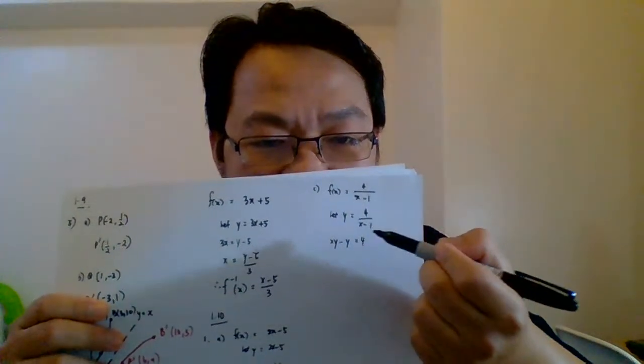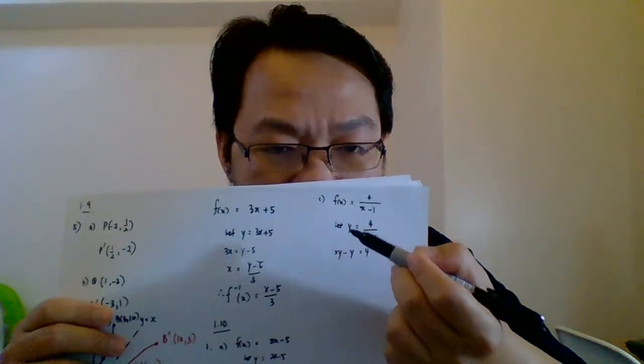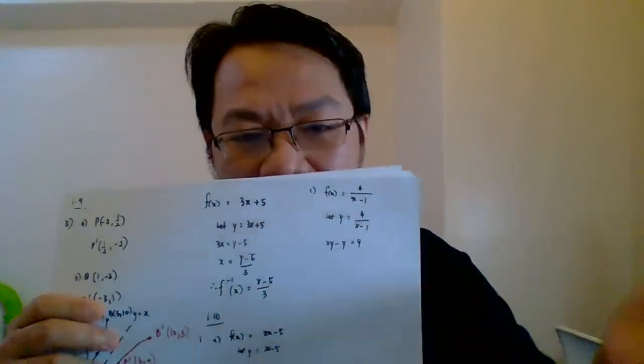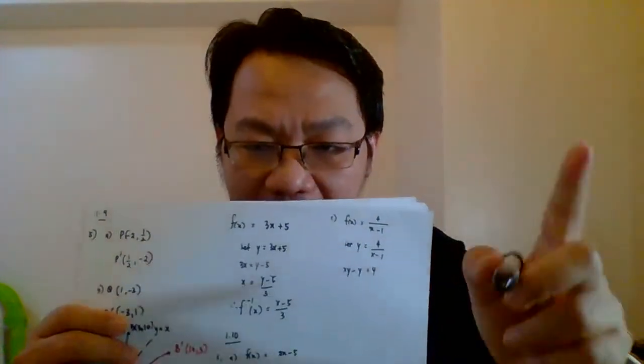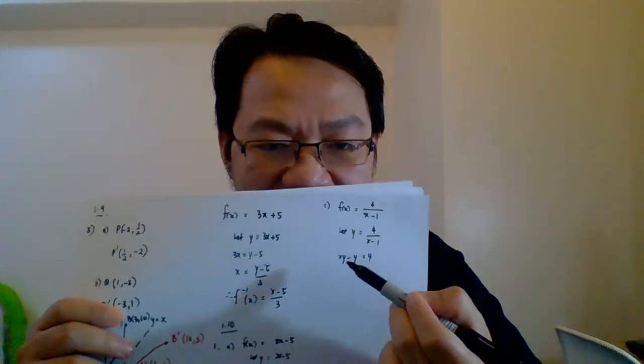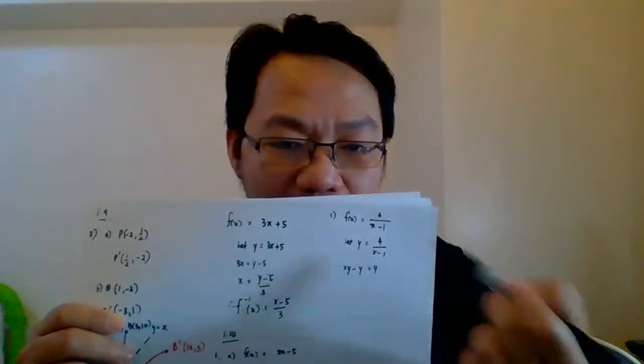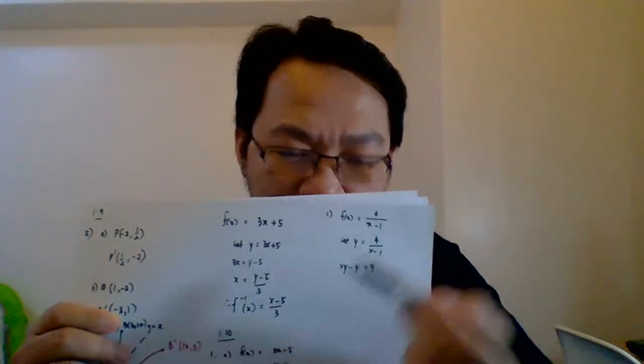When we bring this to the left, it becomes expansion: y times x is xy, y times negative 1 is negative y, equals 4. After that, you must make sure x becomes the subject. Since there is no x in this y, this y is brought to the right side. So xy equals 4 plus y.